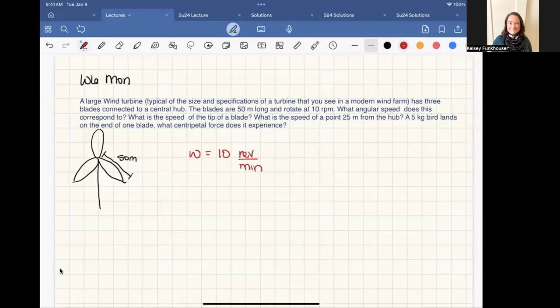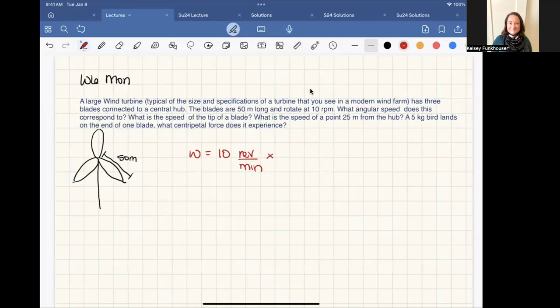Now, I already said we can't use it in revolutions per minute if we're finding things like velocity. Even in the question, they're treating the 10 RPM as like a frequency. But anyway, they want us to convert it when they ask for angular speed. They're saying, okay, give this to me in radians per second.